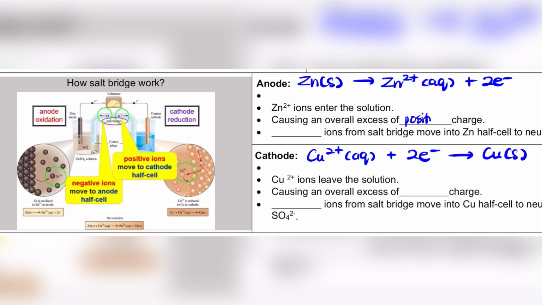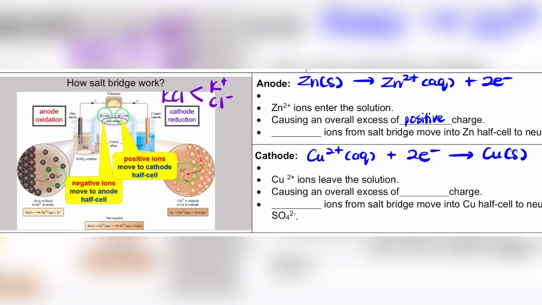So that's why, when there is a lot of positive charge, the function of the salt bridge comes in. For example, our salt bridge uses an inert electrolyte such as KCl. In KCl, we have K+ and Cl-. These are the ions in the salt bridge.